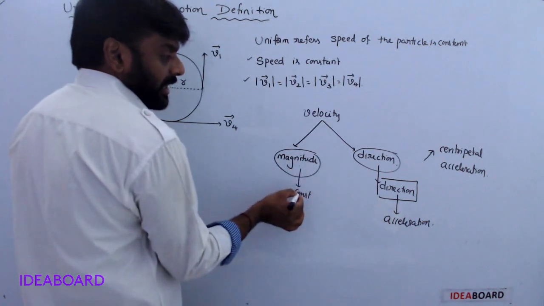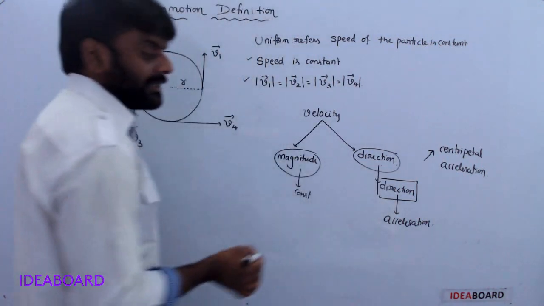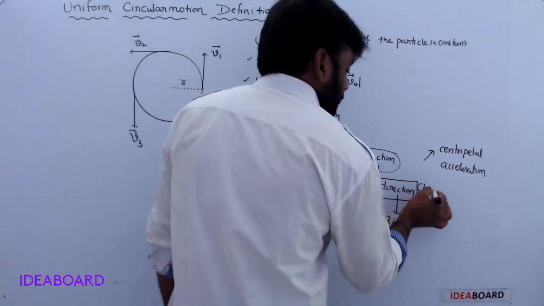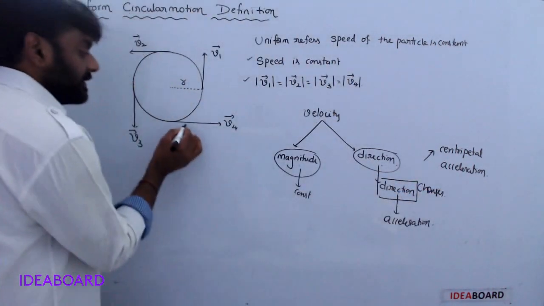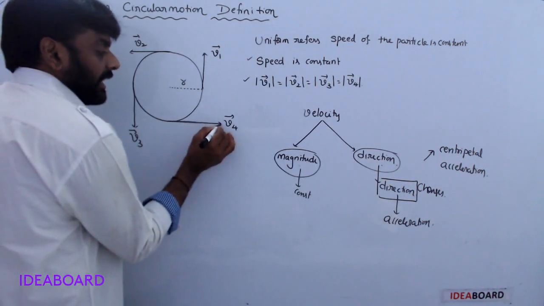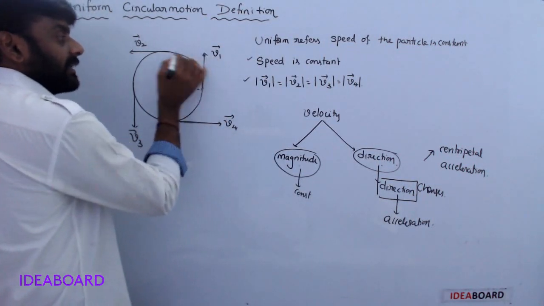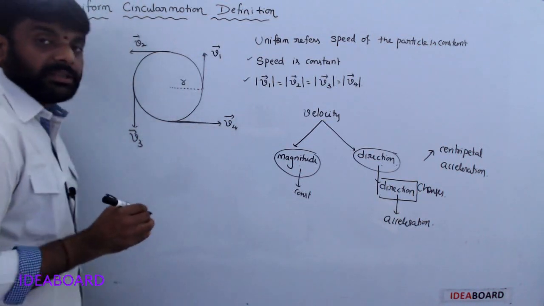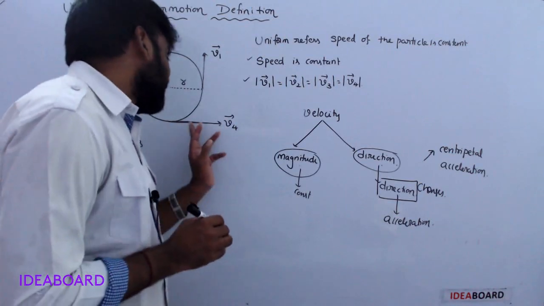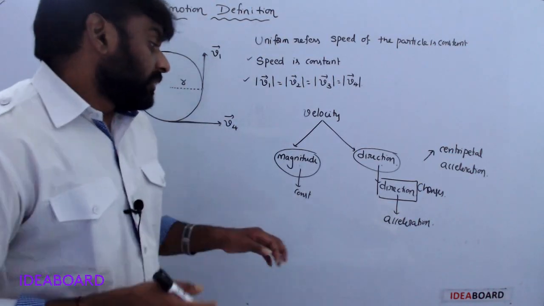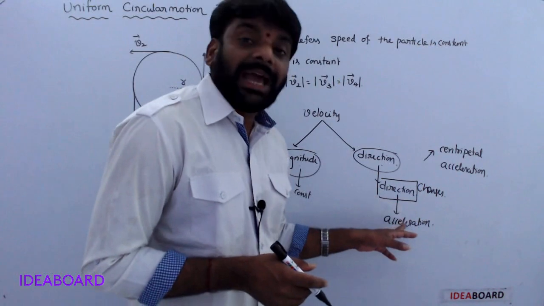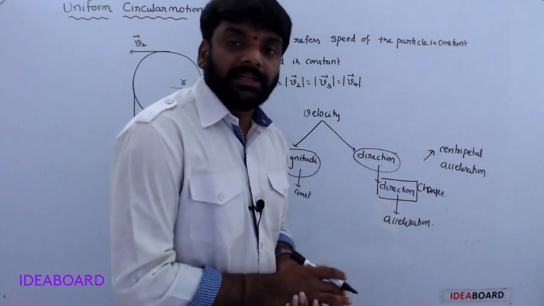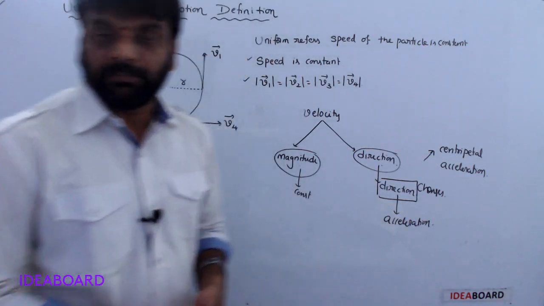Which one changes here? Direction. See, along horizontal direction here, along vertical direction here. This tangent represents the velocity direction. So due to this change in direction, acceleration is produced in the particle. That acceleration is nothing but centripetal acceleration.